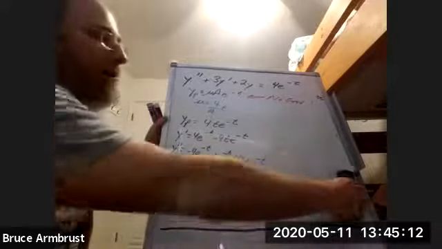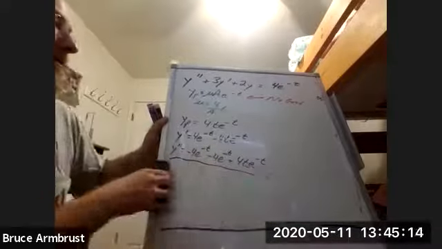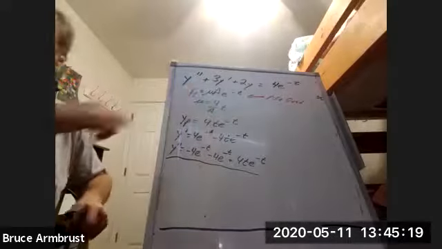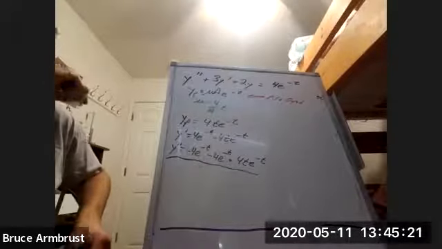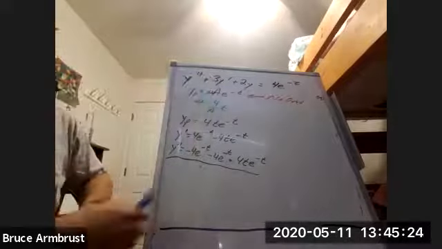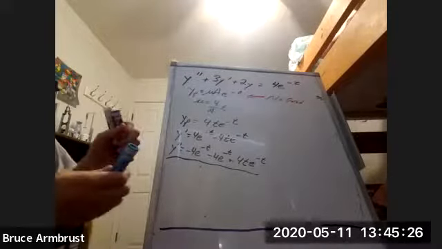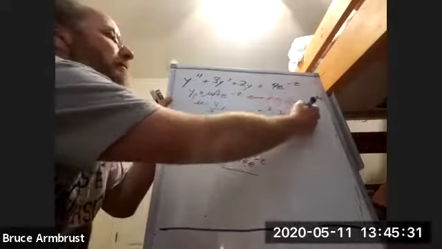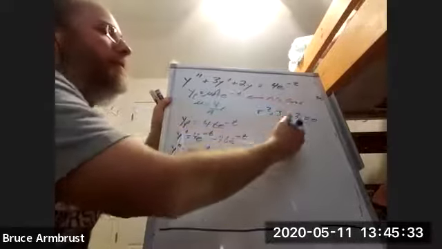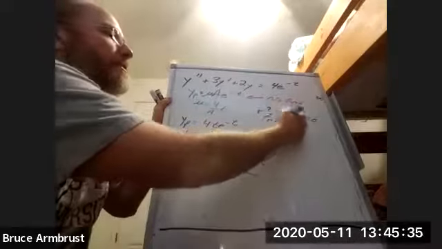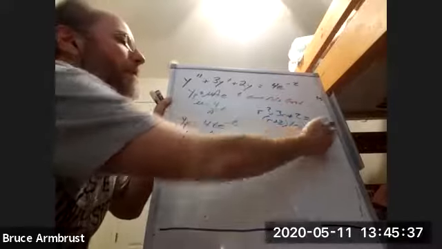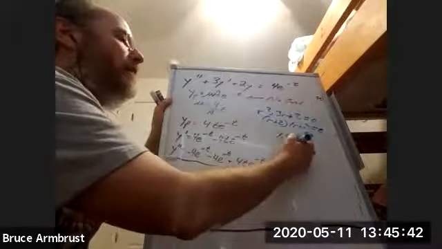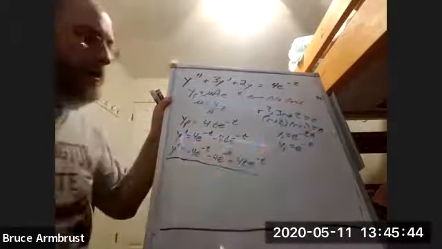Now that we've got our particular solution, let's actually put it together to get our y equals, which means we have to go back and actually find the fundamental set for the homogeneous. So this is going to be r squared plus 3r plus 2 equals 0, which is going to be r plus 2 times r plus 1, which gives us y1 is e to the minus 2t, and y2 is e to the minus t.